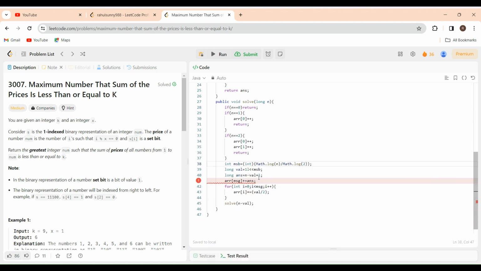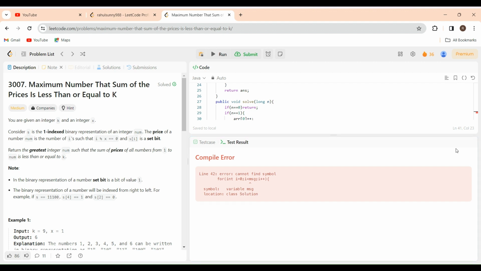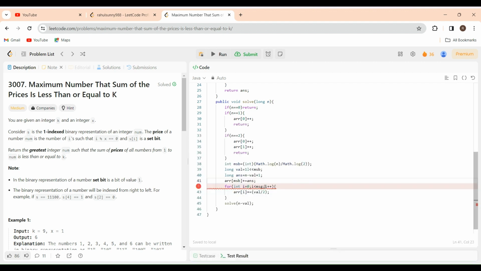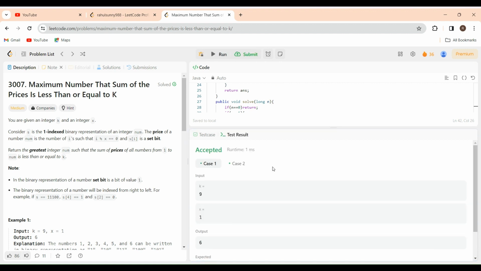Sorry for the MSP. I should have changed the whole thing to MSG instead of changing everything to MSP. Okay, now this is accepted.